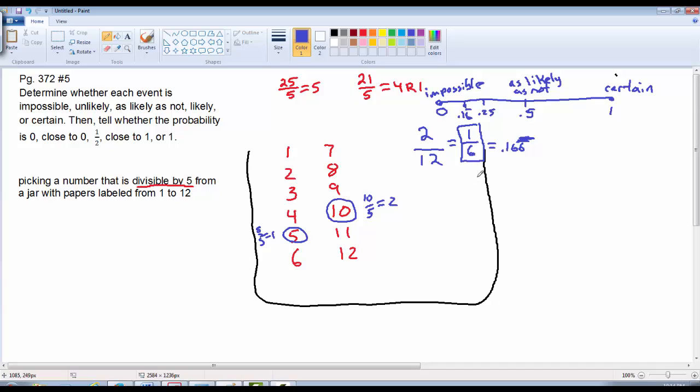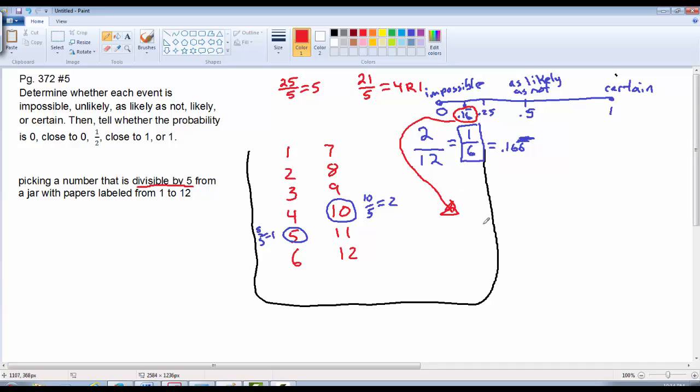Okay, so let's answer our questions. Determine whether each event is impossible, unlikely, as likely as not. Since it's all the way over here to the right, we can't say it's impossible because it's not at 0. But I would say it is going to be very, very close to 0.